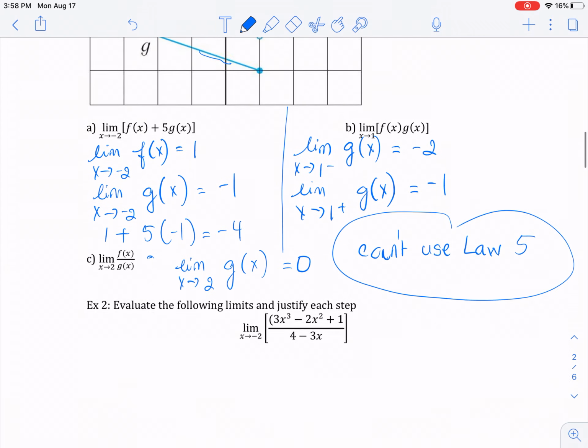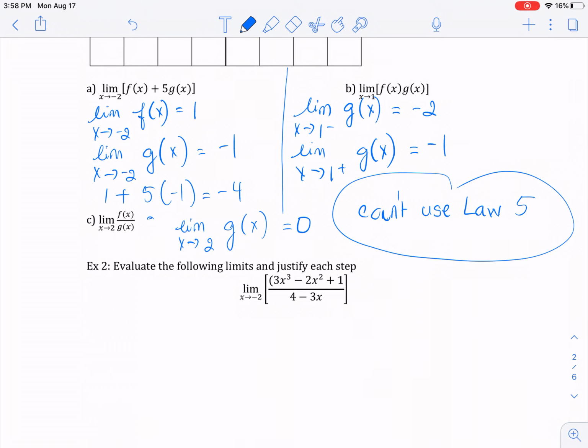All right, so let's take a look at number 2. We want to evaluate the following limits and justify each step. So pretty much they want you to use the limit laws. So I can always break them into two different parts, the numerator and the denominator.